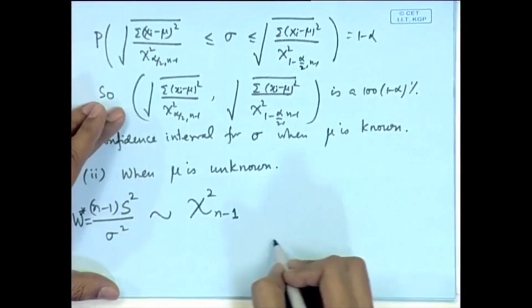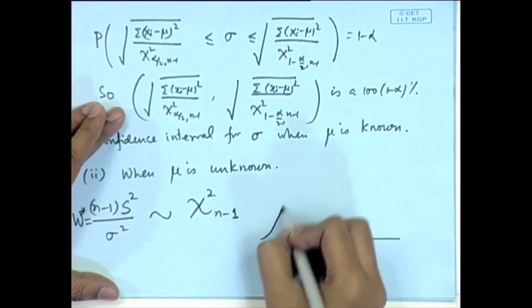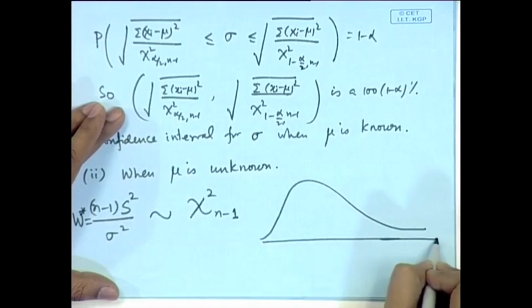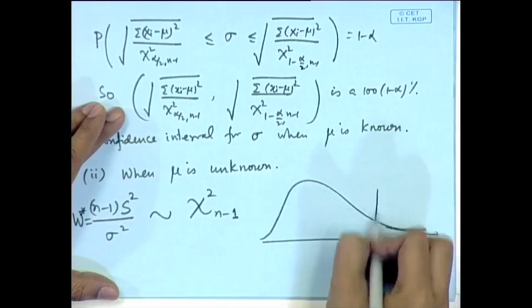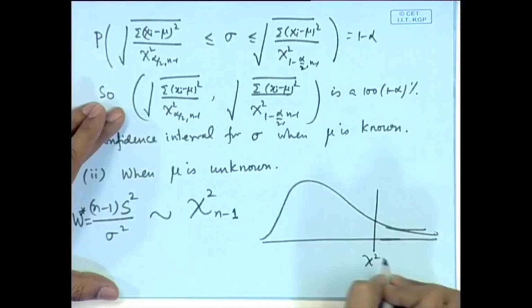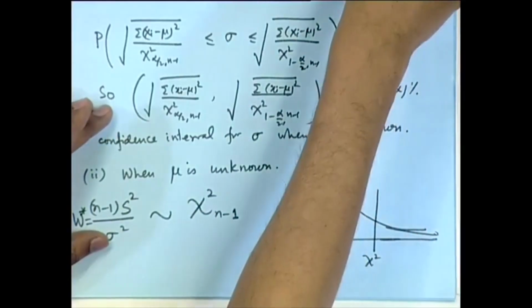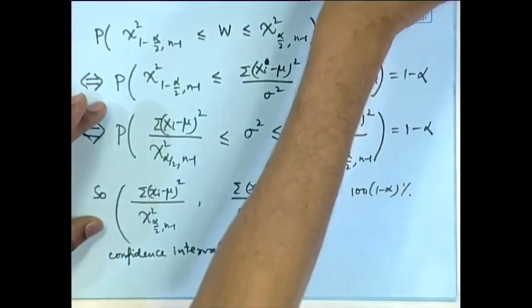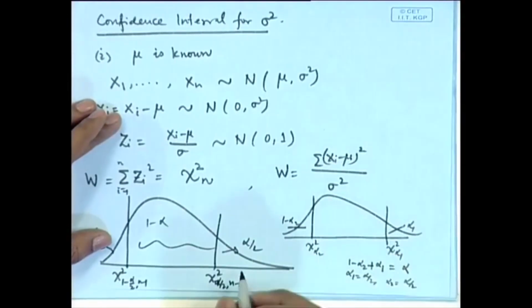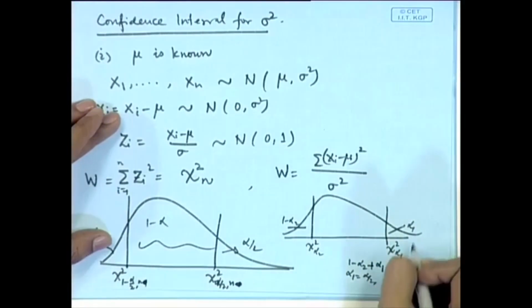So, once again, if we make use of the distribution of chi square on n minus 1 degrees of freedom. So, I made a small error in the previous discussion. This one was chi square on n degrees of freedom. So, this is n everywhere, not n minus 1.